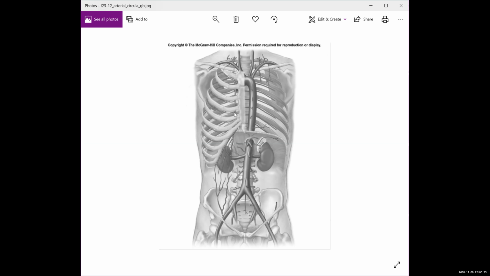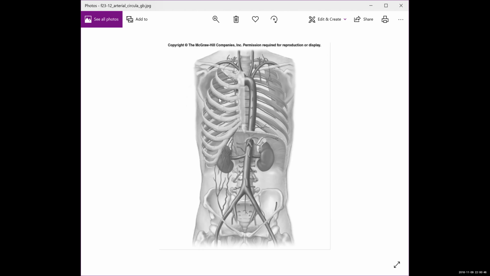That's that. The internal thoracic. Is that what it was? Internal thoracic artery.